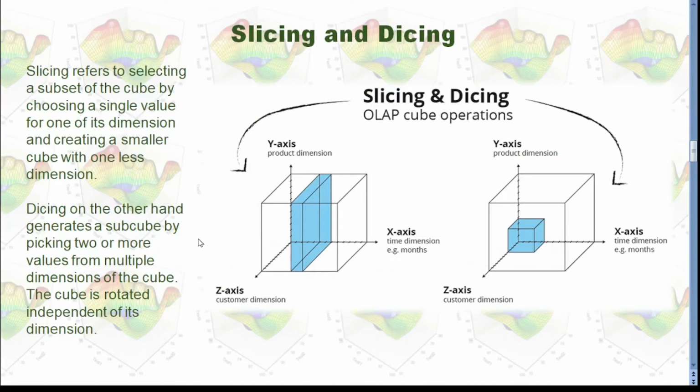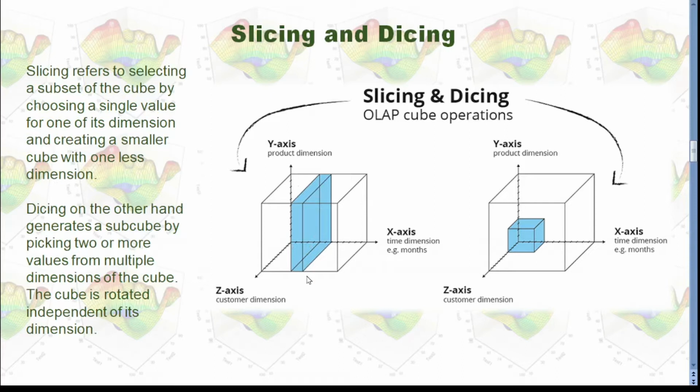With your data cube, you can have two important operations. One is called slicing, and the other is called dicing. Slicing refers to selecting a subset of a cube by choosing a single value for one of its dimensions and creating a smaller cube with one less dimension.